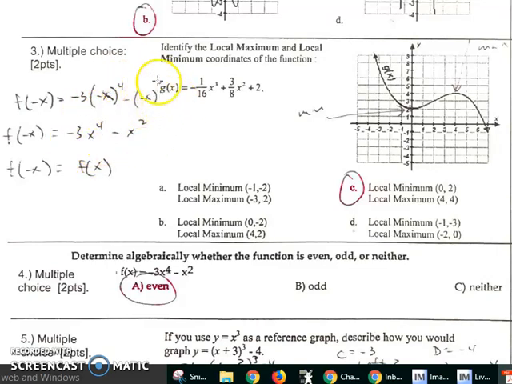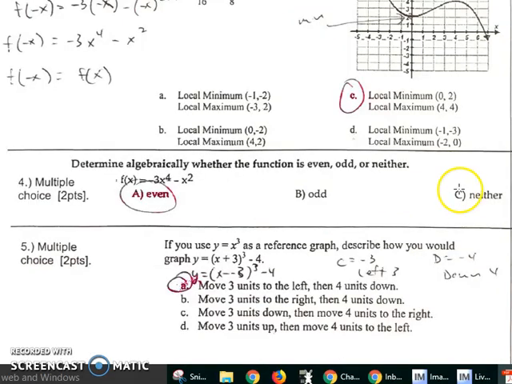Here, this becomes x squared, and the opposite of x squared is negative x squared. You'll notice that this is the original problem. If it's the original problem, it is even. If it is the opposite of the original problem, and you factor out a negative 1, that'll be odd. And if it's a little bit off, not the opposite and not exactly the same, that'll be neither. 2 points apiece.